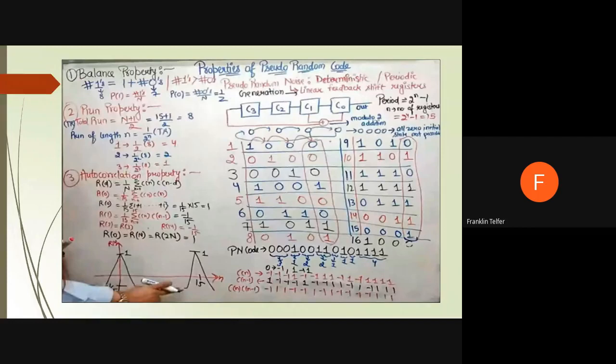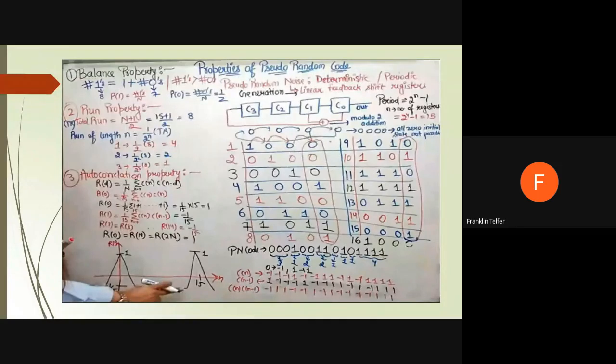If you have a greater length of PN sequence code, then if you calculate the number of ones and zeros, they will be nearly equal. In this way, you can set the balance property between the number of ones and zeros. So P of 1 is equal to the number of ones divided by N, and P of 0 is equal to the number of zeros divided by N.